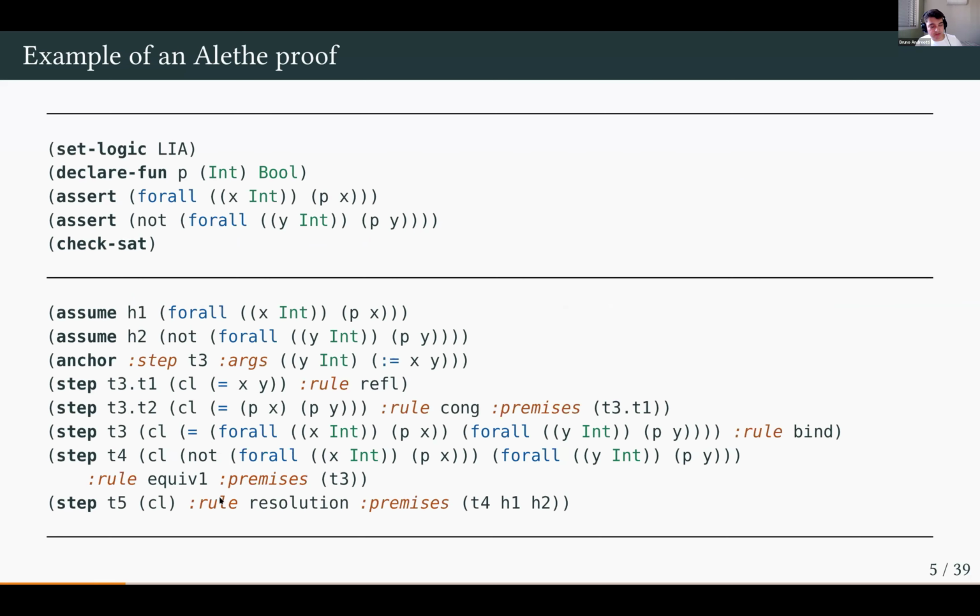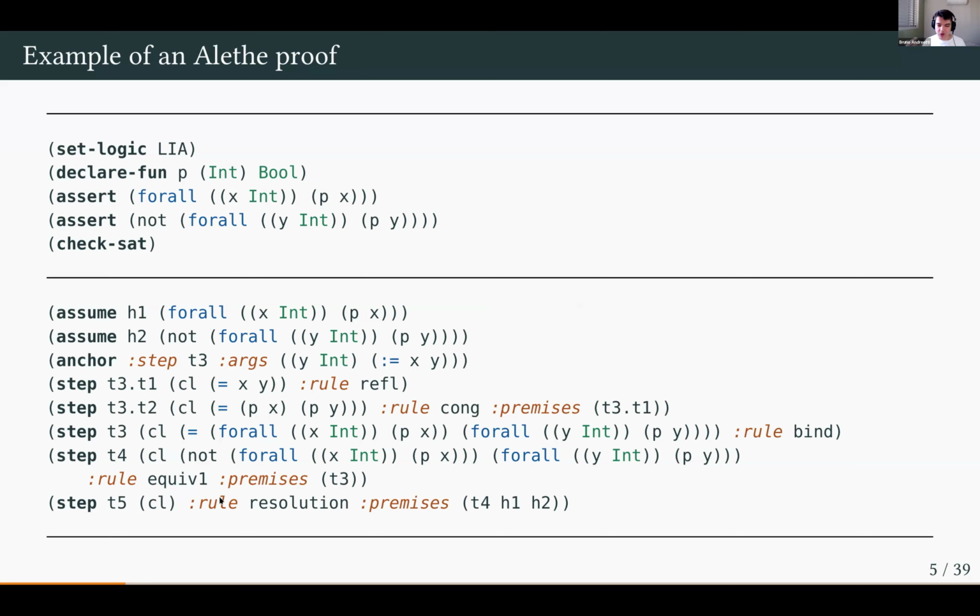Here we have an example of an SMT-LIB problem and an Alethe proof for it. Things of note: the general structure of the proof starts with assume commands. The assume commands relate to the assertions of the original problem, and they introduce the premises of the proof. Then we have a series of steps. Each step is going to conclude a clause, and each step is also going to have a rule associated to it.